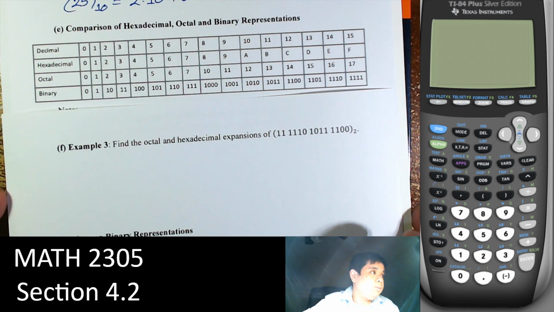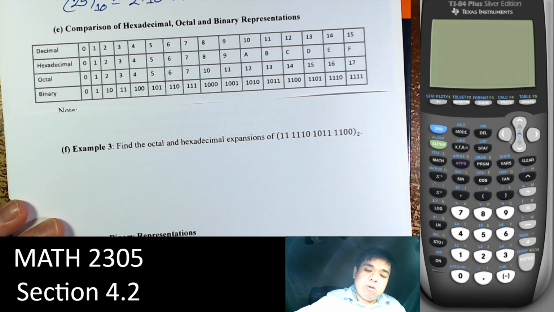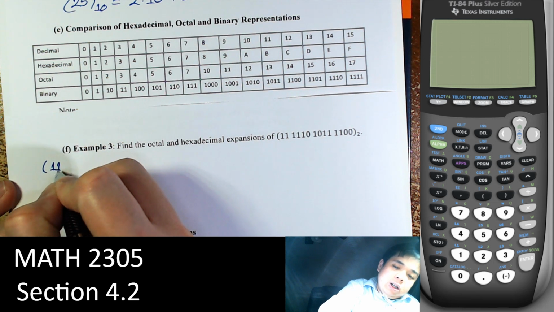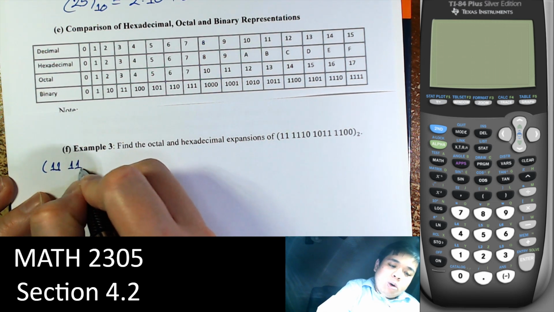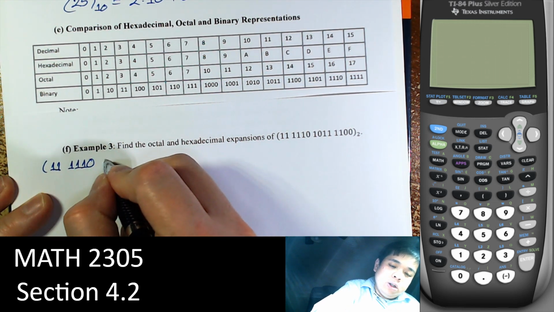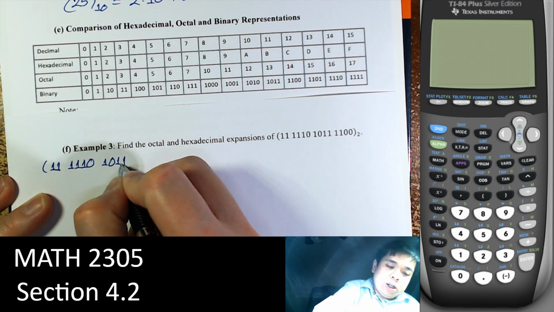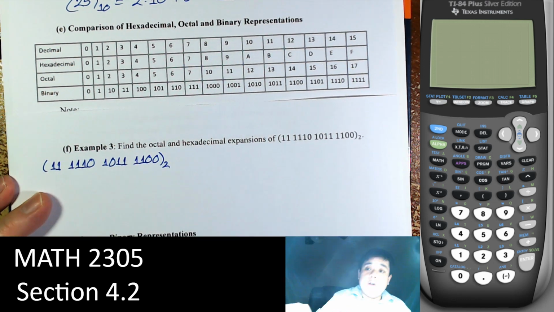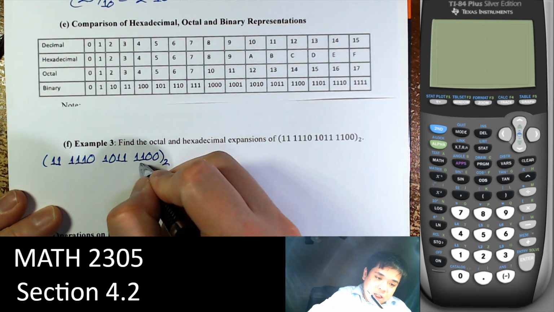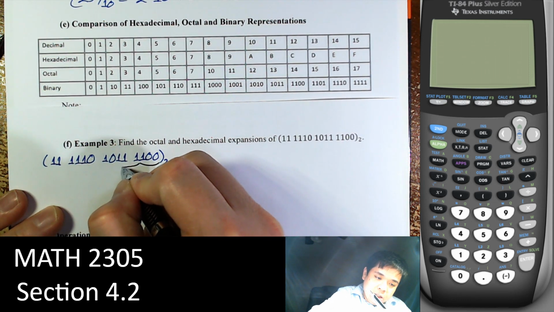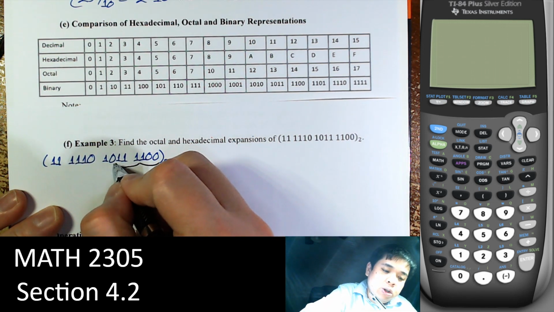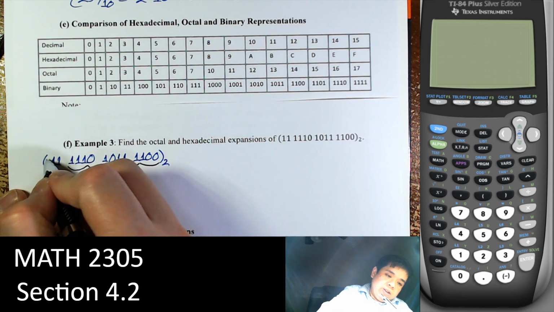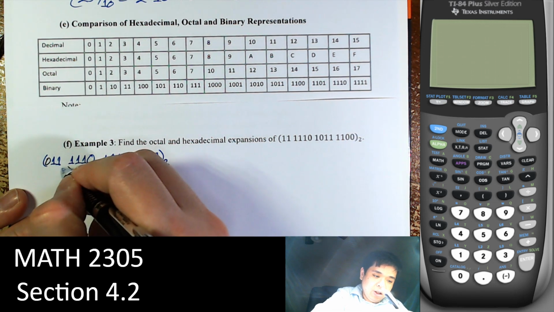Let's convert this to base 8: 1 1 1 1 1 0 1 0 1 1 1 1 0 0 in base 2. Now we group by 3 and add a 0 in front where needed.